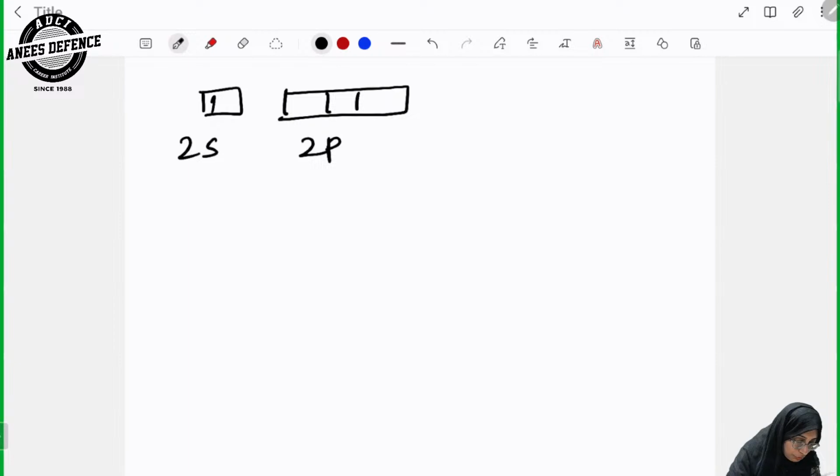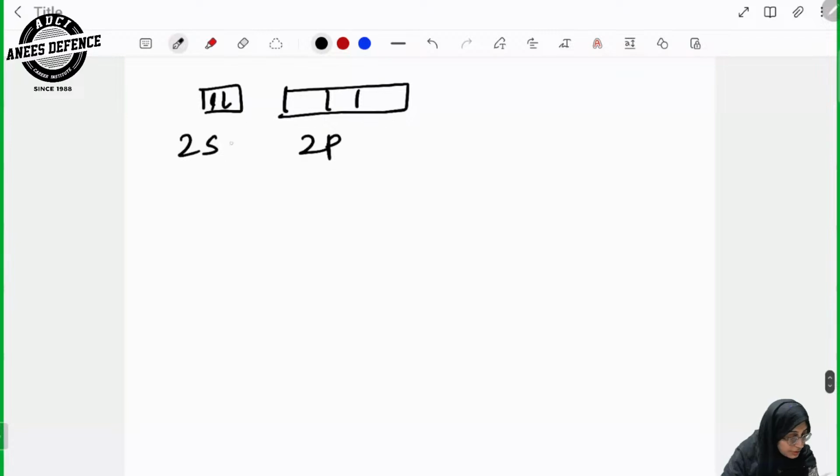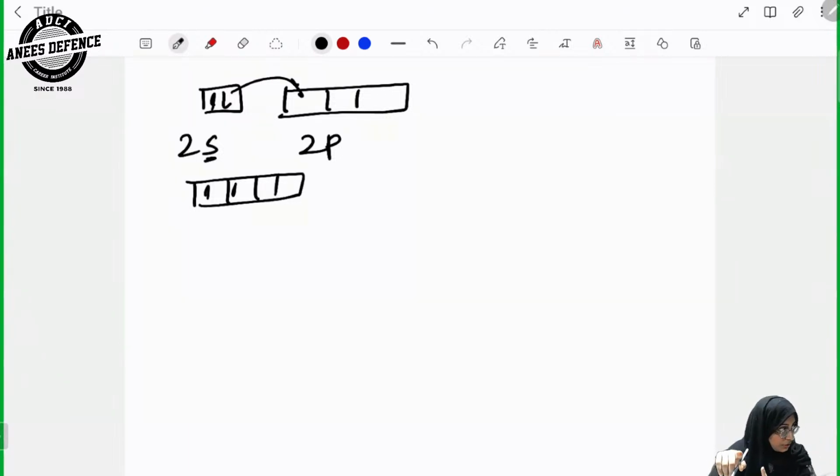In the excited state, this electron shifts to here, and it becomes one s and one p. Participating orbitals are 1s and 1p, and it is named sp.